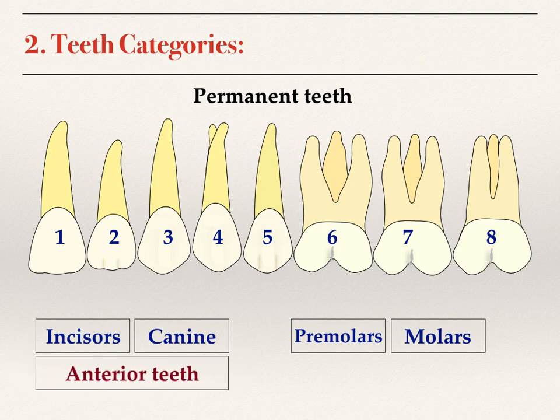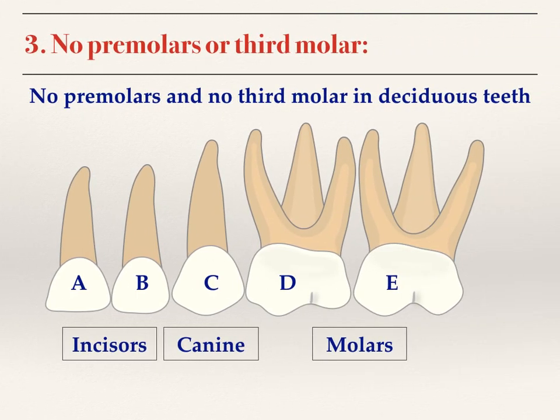Remember that incisor and canine are termed anterior teeth, premolars and molars are termed posterior teeth. No premolars or third molars in deciduous teeth.